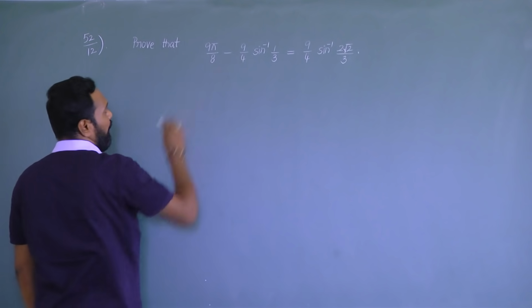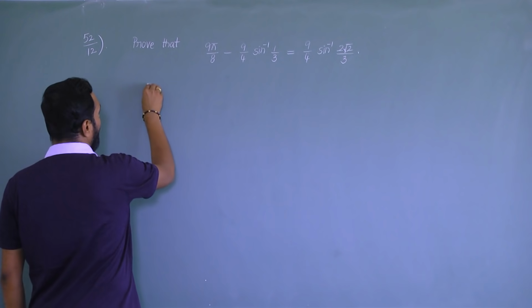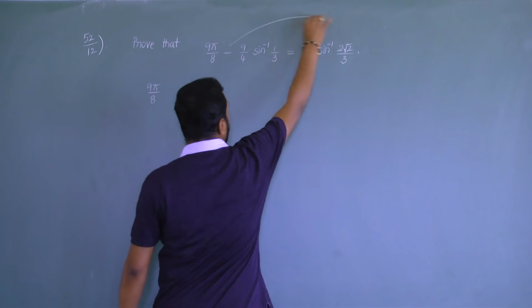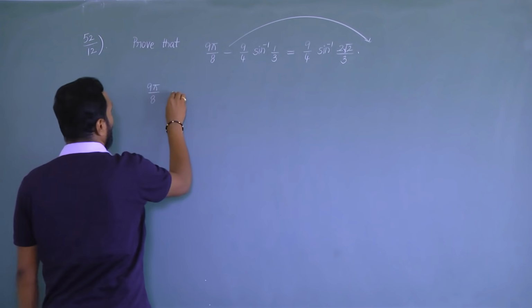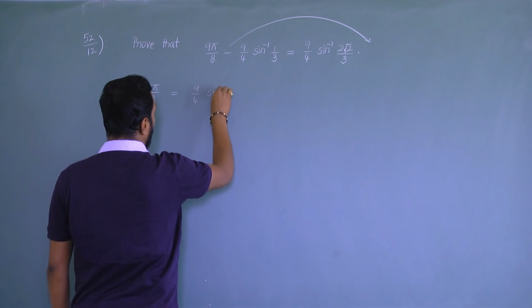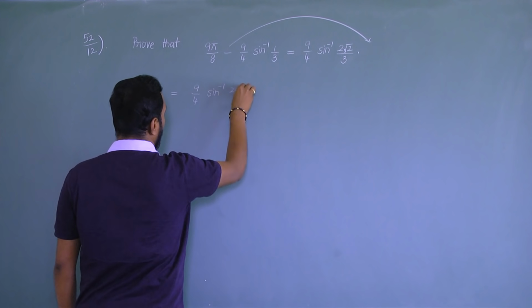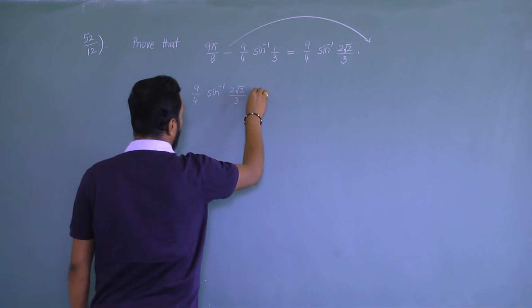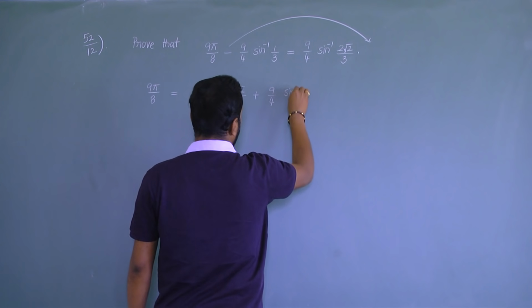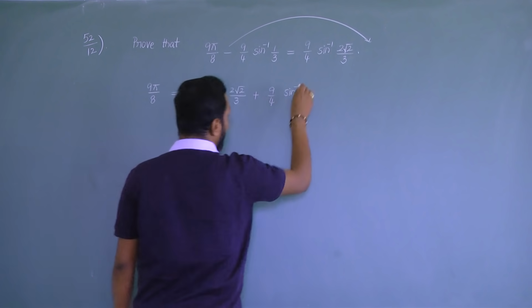In the first step, if we write the given problem, then 9 pi by 8, if you take this term to that side, this equals 9 by 4 sin inverse 2 root 2 by 3 plus 9 by 4 sin inverse 1 by 3.